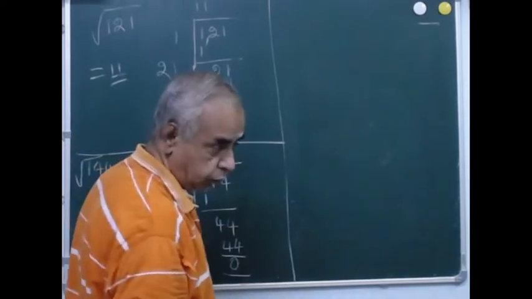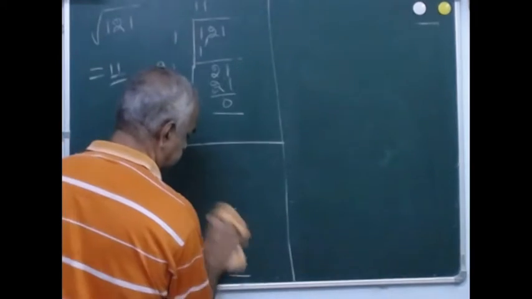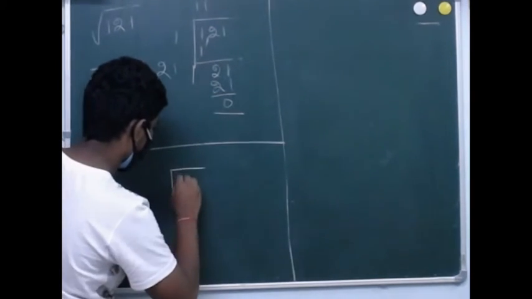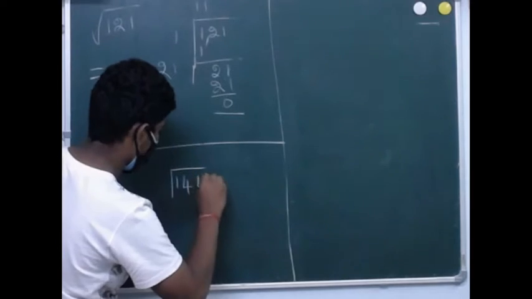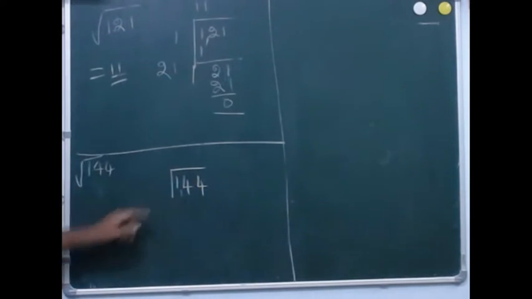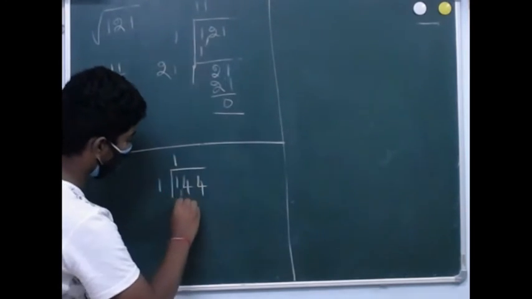144. Tawfiq, can you explain? So the number is 144. First we should take one digit and next two digits. So the ones are 1.